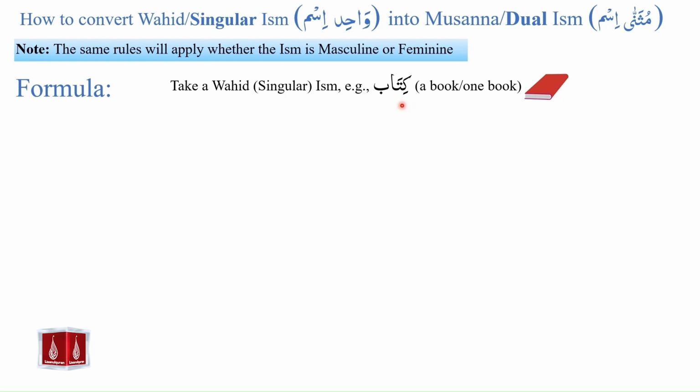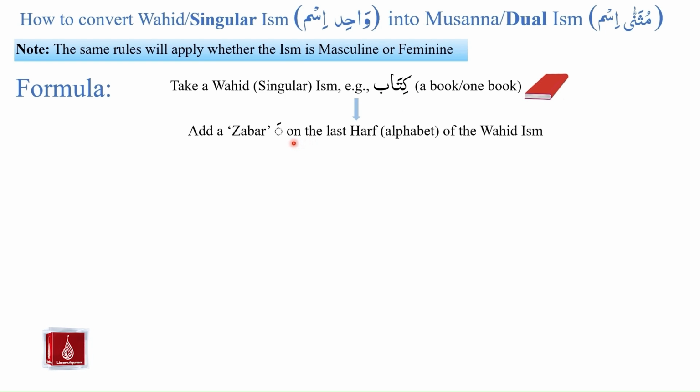The first step that we have to do to kitab is to add a zabar on the last harf of the wahid ism. So the last harf of kitab is ba. We will add a zabar to ba and we will get something like this.